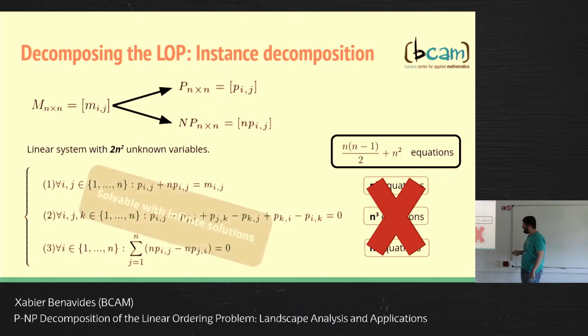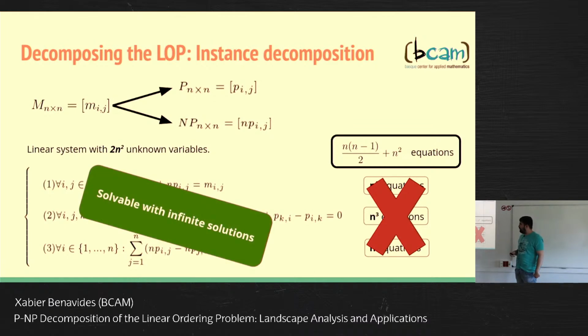In this case we have proved that it is solvable with infinite solutions, okay? It's important to remark here that all these infinite solutions are totally equivalent from an optimization point of view, and therefore we can select any of them, okay?